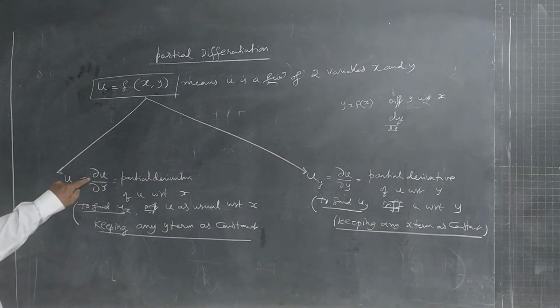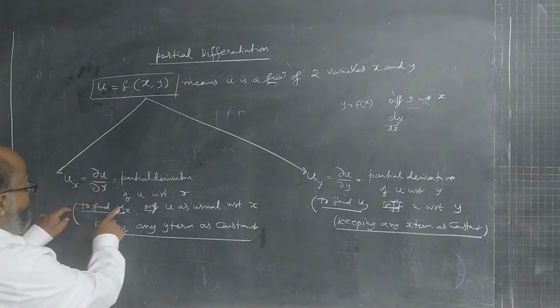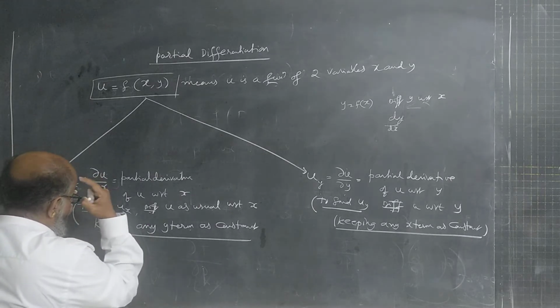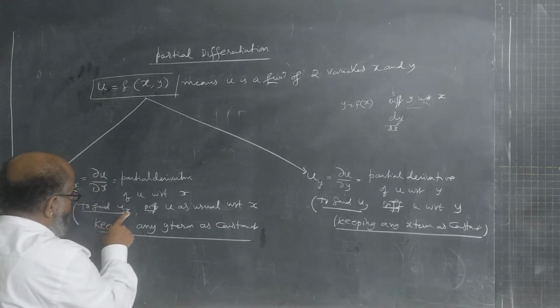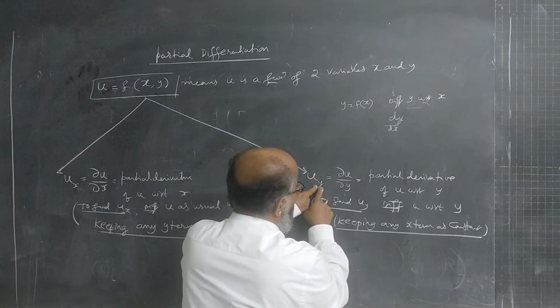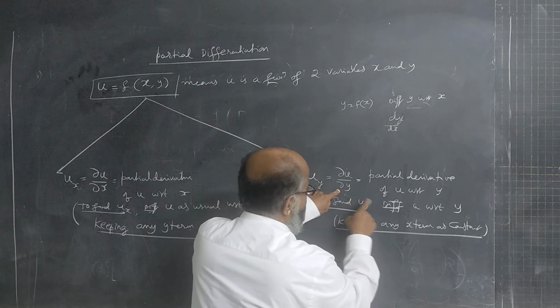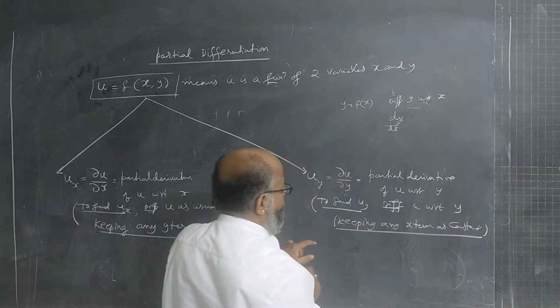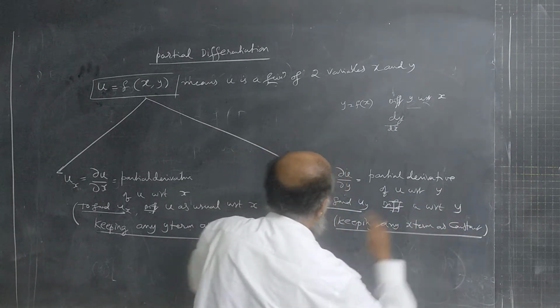So, how do you find delta over delta x? Differentiate u with respect to x. In the mind, be careful: when you are differentiating with respect to x, you should keep any y term as constant. How do you find uy, that is delta over delta y? You differentiate u as usual with respect to y, but you must keep any x term as constant.